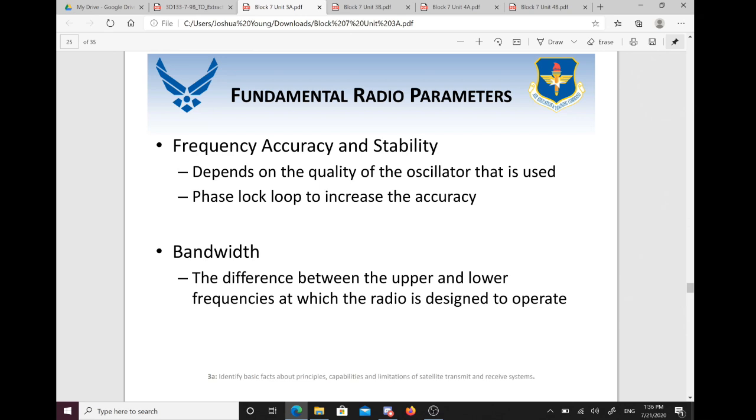Your frequency accuracy and stability all depend on the quality of your oscillator that is used. Y'all talked a little bit before with Mr. Mayer in the previous objectives about the quality of different types of time sources, so your quartz oscillators and your atomic oscillators, and how those differentiate, yes? Yes. Okay.